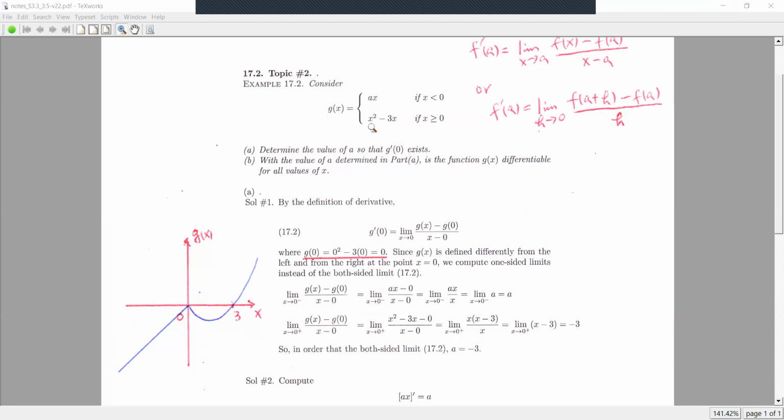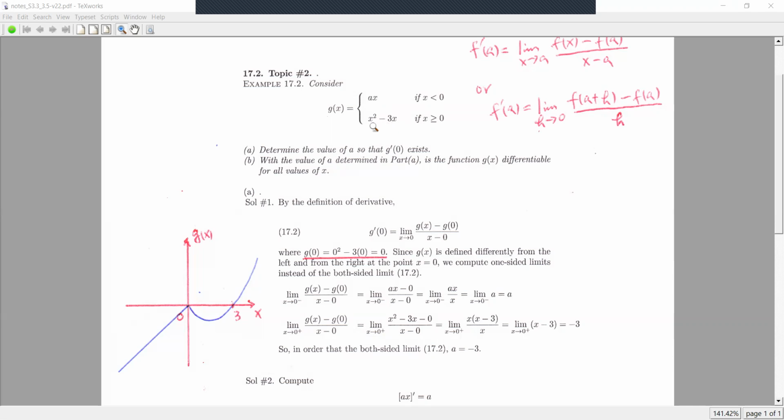The graph of x squared minus 3x is a parabola. The graph of a polynomial of degree 2 is always a parabola. When x is 0, 0 squared minus 3 times 0 is 0. So this parabola passes through the origin.